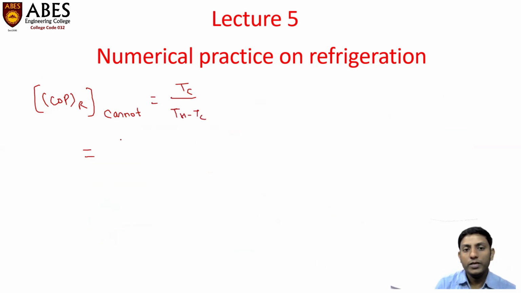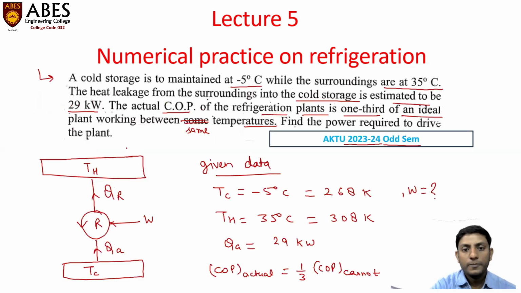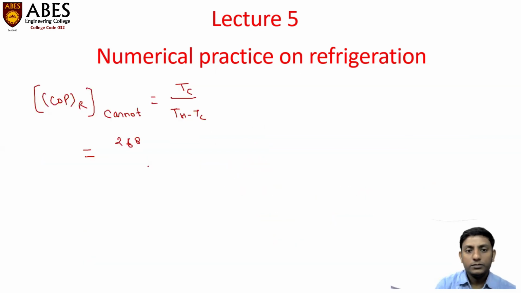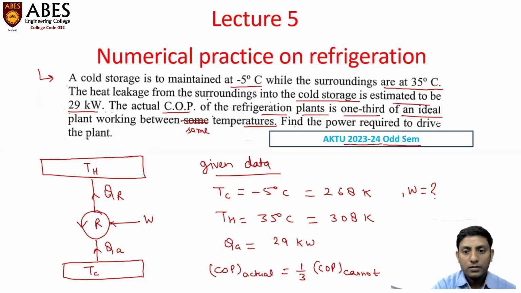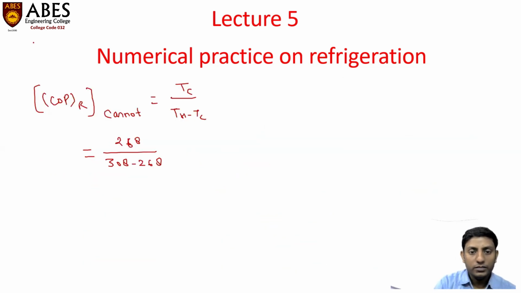So this will be equal to 268 divided by 308 minus 268. If I calculate this value, I will get 268 divided by 40. And the value turned out to be 6.7.